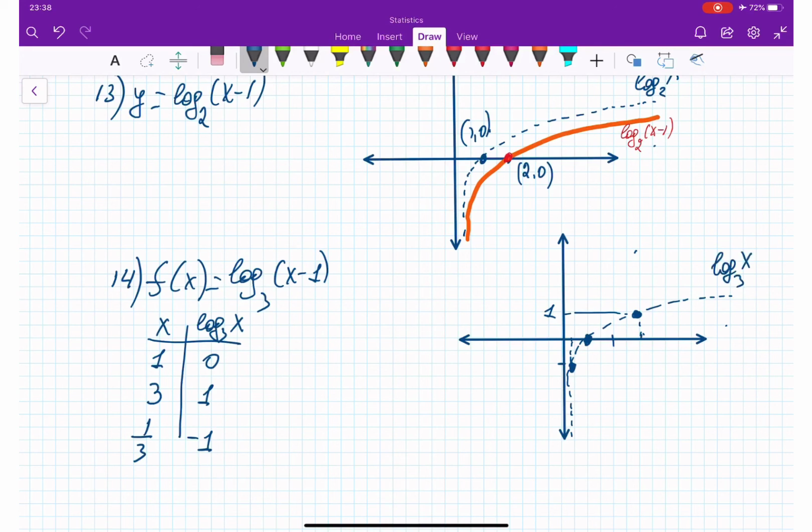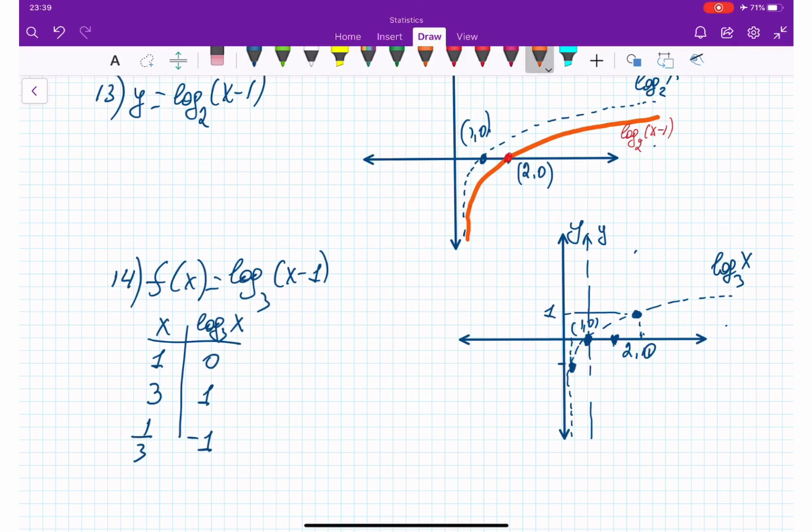Now, for logarithm x minus 1, this point 1 and 0 is going to move to 2 and 0, right? Right here. 2 and 0. Which means this y-axis is going to move by 1 here. This will be our new y.